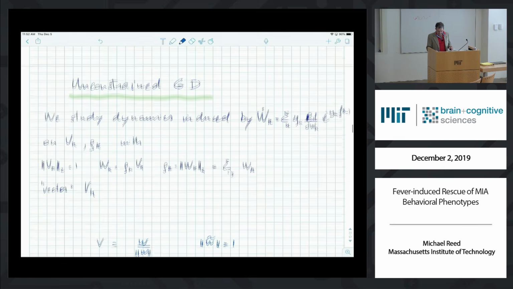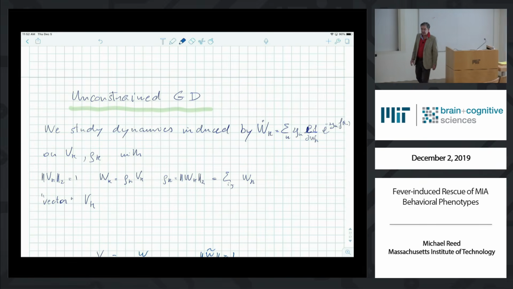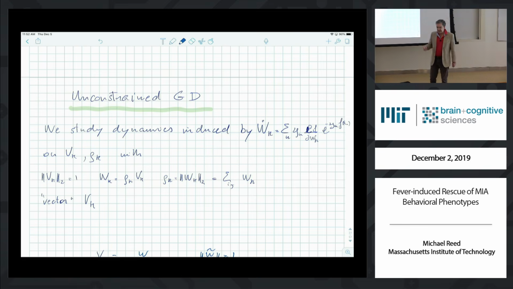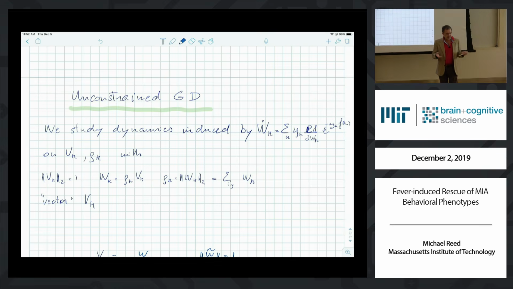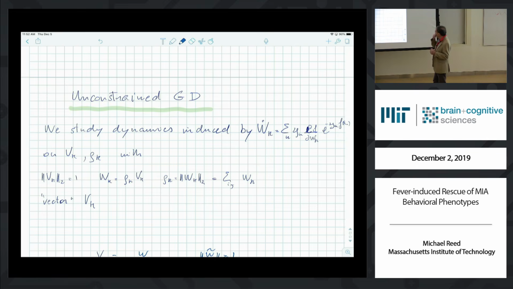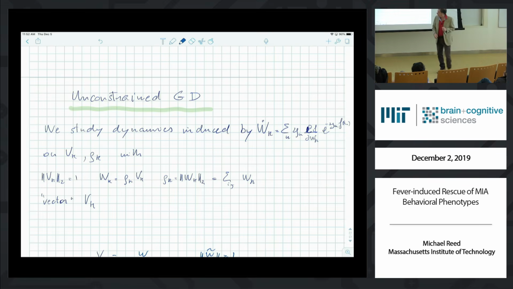So now, the main point is, here we saw constrained normalization, constrained gradient descent. That's not what deep networks do, right? So let's look at the unconstrained one, what everybody does with deep networks. In this case, again, these are the same equations.